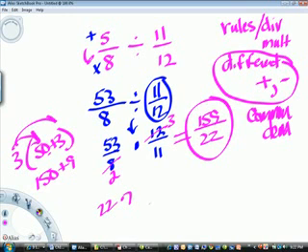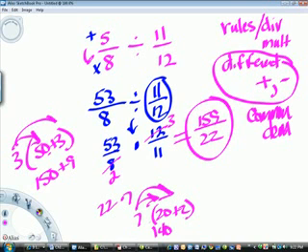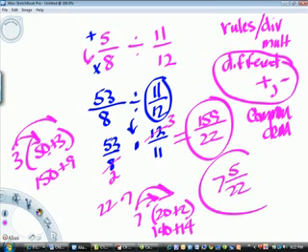Okay, now isn't that the same as 7 times 20 plus 2? Our distributive property again? Okay, so 140 plus 14 is what? 154. That's as close as we're going to get because that's close to 159. So you've got 7 and 154 minus 159 gives us 5/22. 7 and 5/22.